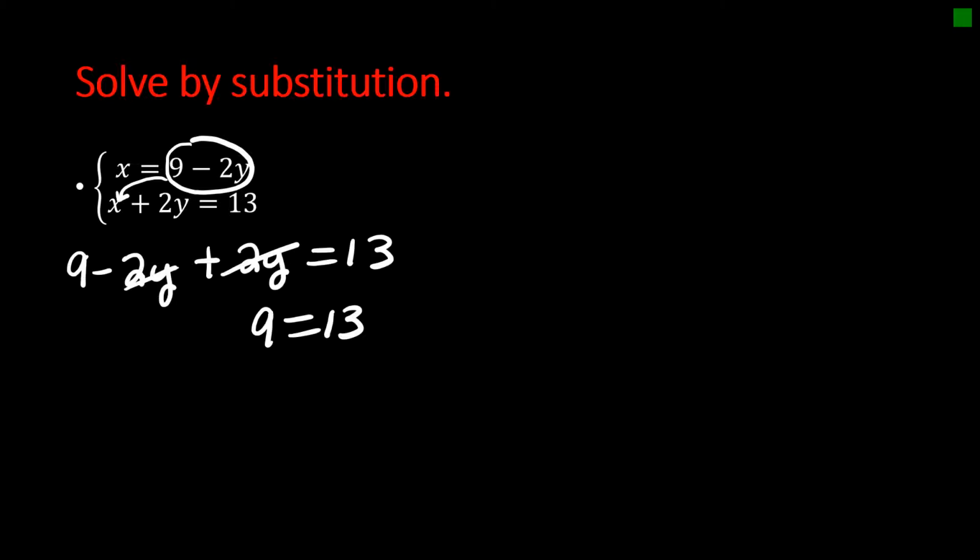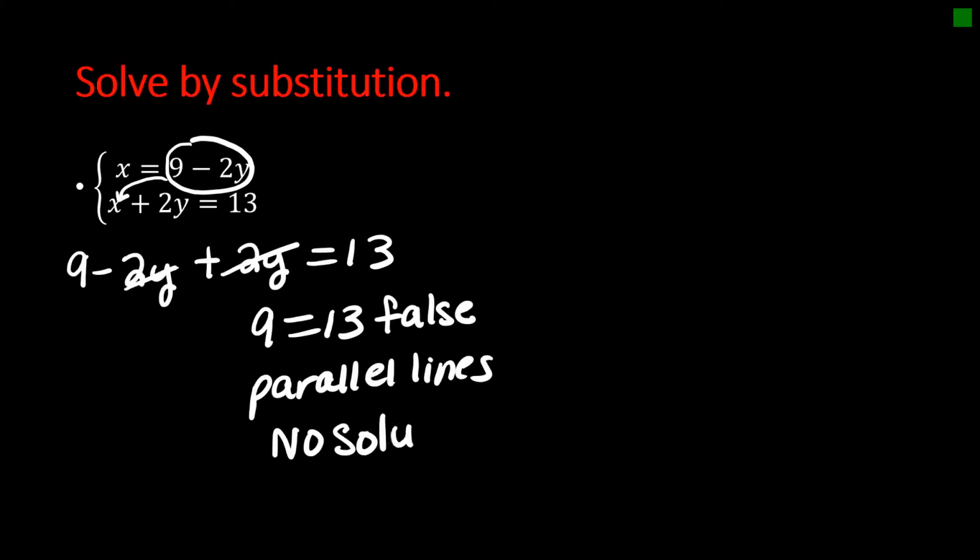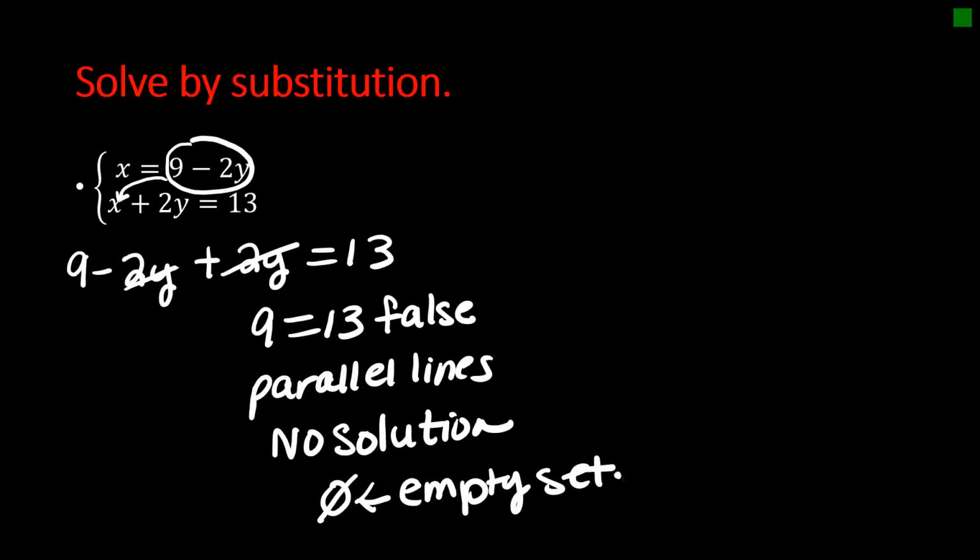So if you notice in this situation, all of my variables went away, and I am left with a false statement. When this is the case, you have a set of parallel lines that don't intersect. Therefore, you have no solution. And you can display no solution as a 0 with a slash, which is the representation for the empty set. It means the same thing as no solution.